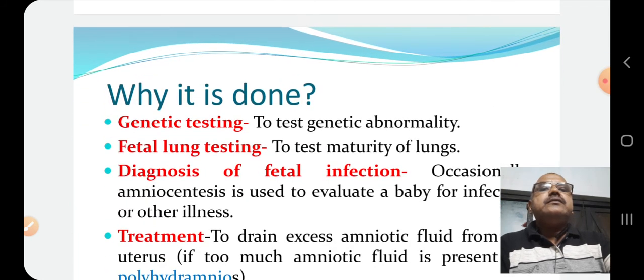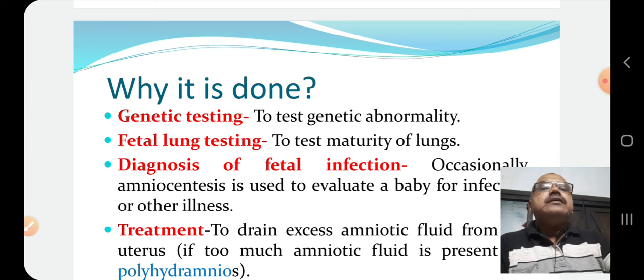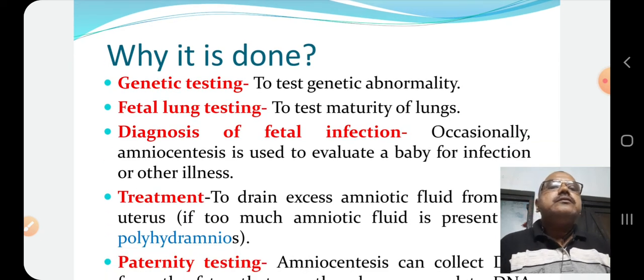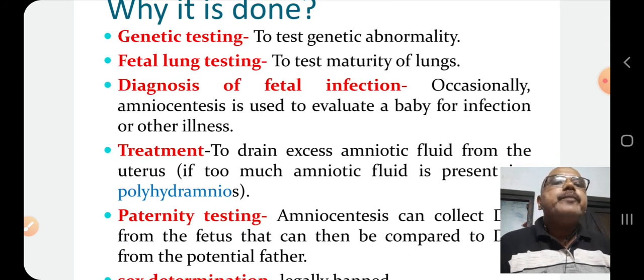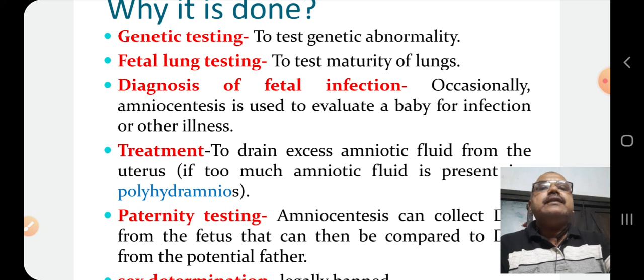Then why is it done? Amniocentesis is done to test genetic abnormalities and to test lung maturity in the fetus. It is used for diagnosis of fetal infection. Occasionally, amniocentesis is used to evaluate a baby for infection or other illness.